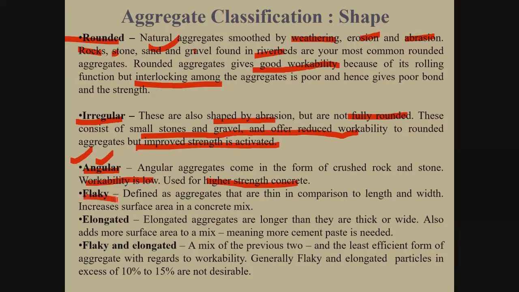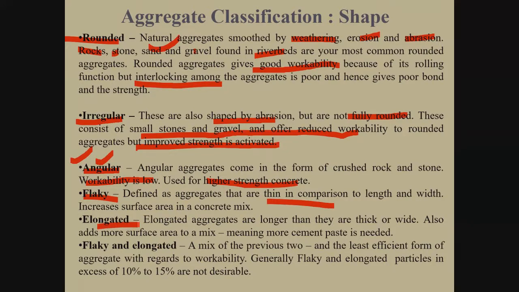Then flaky aggregates. Flaky aggregates are thin in comparison to length and width. They have more surface area, so more requirement for cement and water. So under the same amount of moisture content, the workability will be less and the resultant strength achieved will also be less.